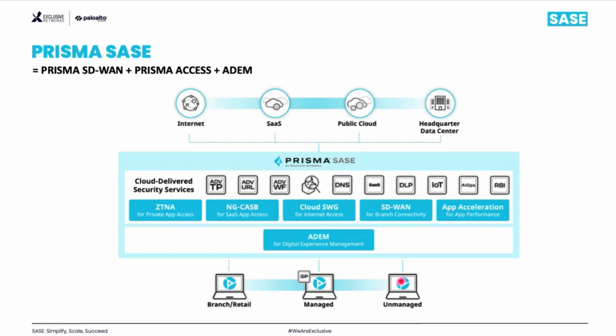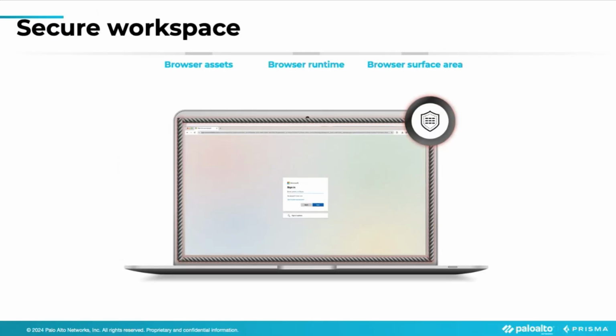Also, that browser can be used on managed devices in combination with GlobalProtect, right? So what's the difference between GlobalProtect and Prisma Access Browser, and what are the different use cases? Well, first of all, Prisma Access Browser, it's all in the name. It's a browser. It's a secure enterprise browser, which means we have full control over what is happening inside the browser.